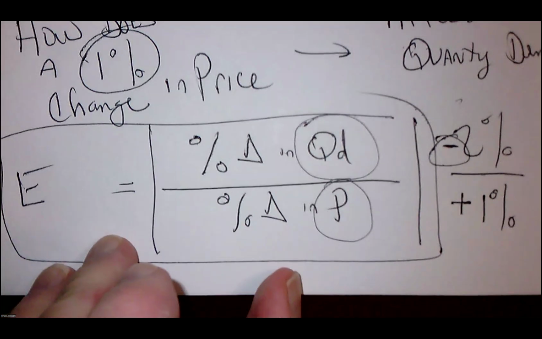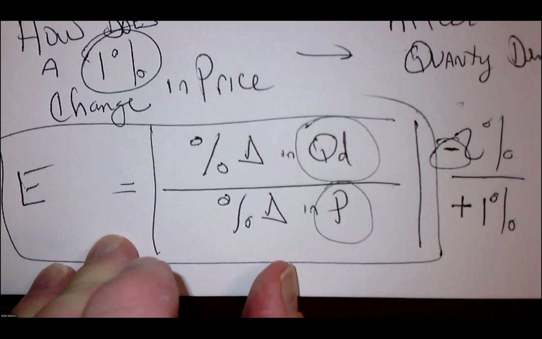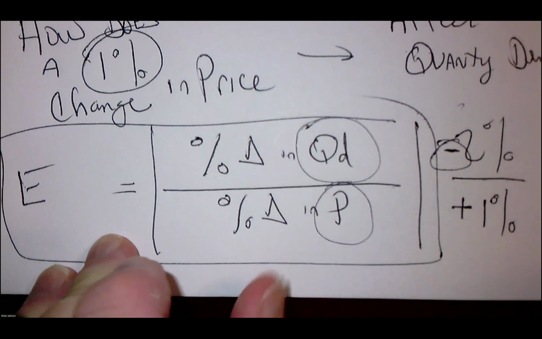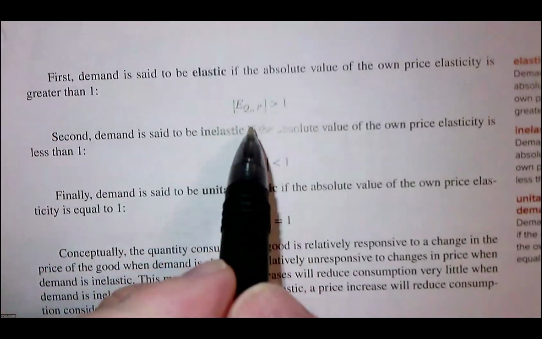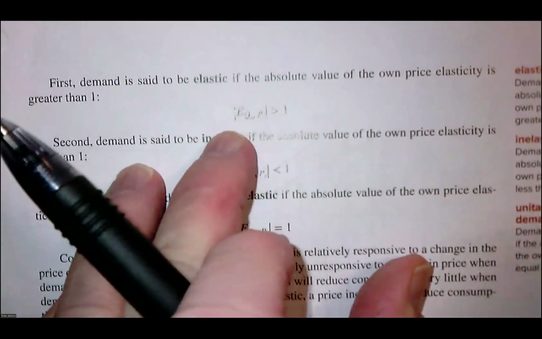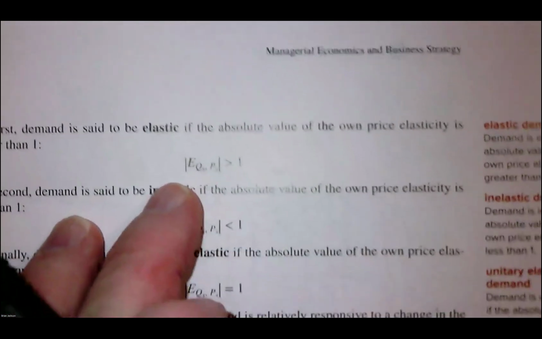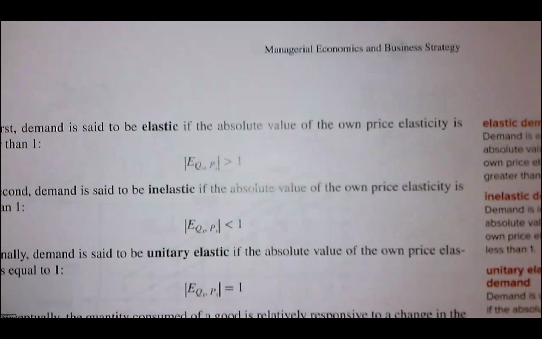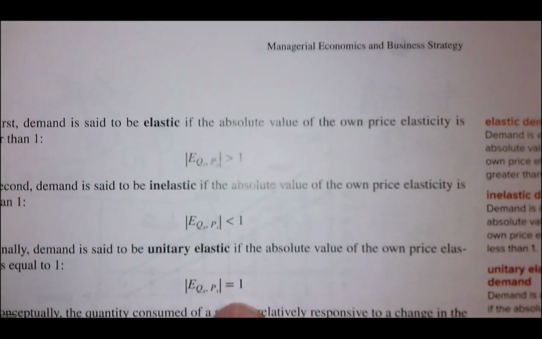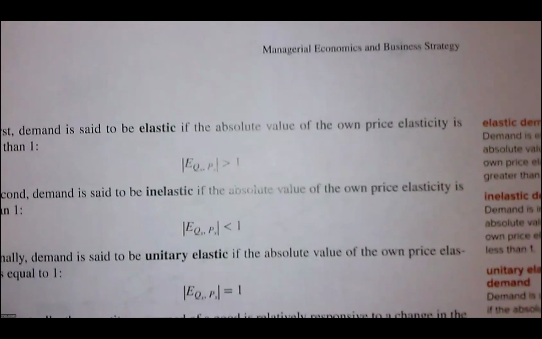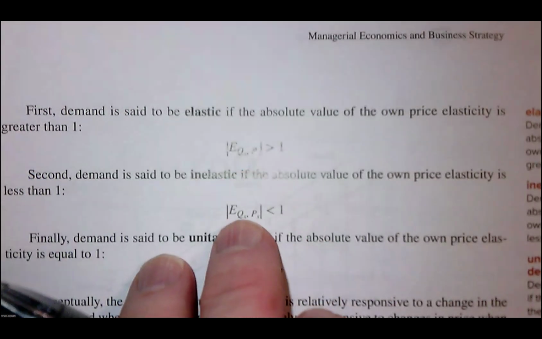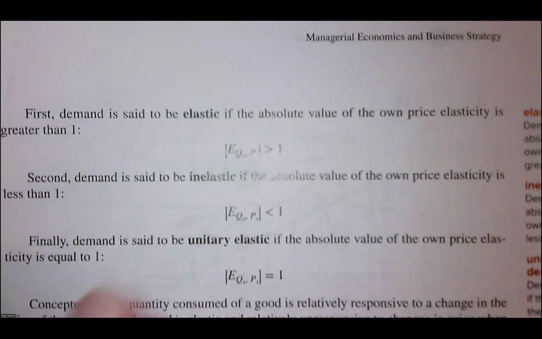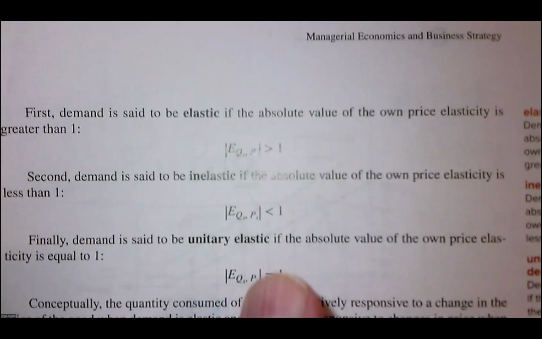But in your text, I believe they do that with this notation here at the top of page 77. They put absolute values around this. They'll note that the own price elasticity can be greater than one, less than one, or equal to one. So we talk about elastic goods, price inelastic goods, and unitary elastic goods.